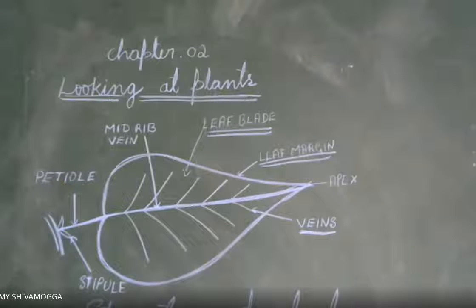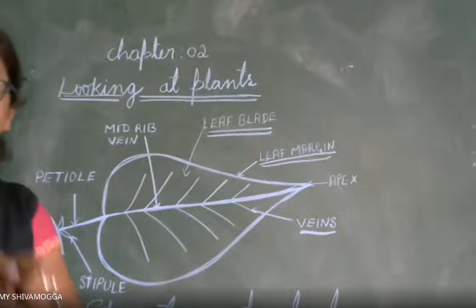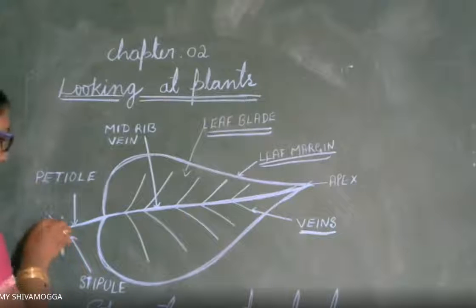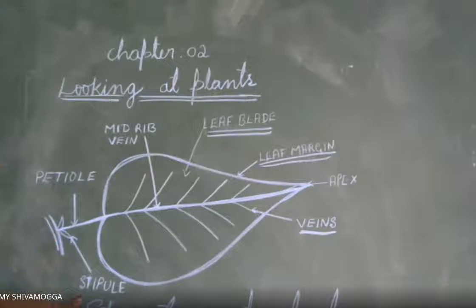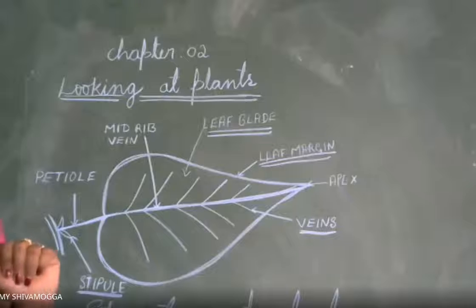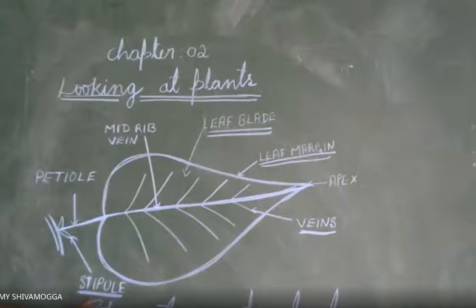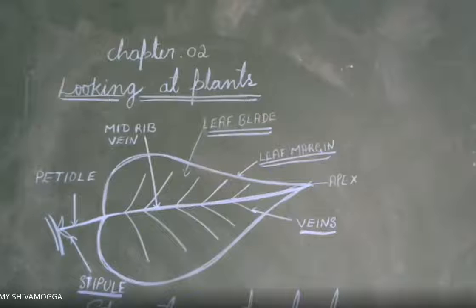At the starting point of the petiole, you can see two small leaves attached at this point. That is called stipules.